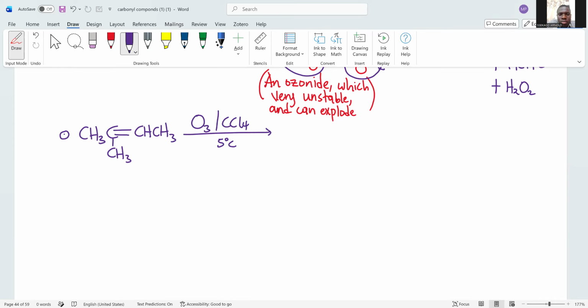Ozone is added to the double bond so that we get the ozonide.